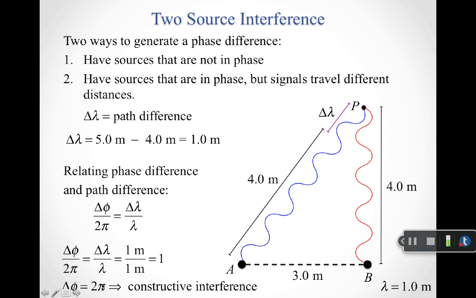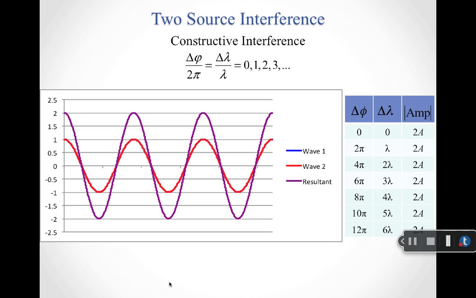And so special values of the phase difference, or special values of this ratio, the path difference to the wavelength, are going to tell me what type of interference I have. In this case, what this says is my waves have perfectly lined up again, and the name we give to it when waves perfectly line up is called constructive interference.